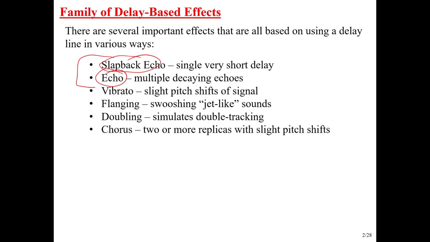It just fattens up the sound of guitar and bass and things like that. And then echo is along those lines, although the delay is longer and you typically do have multiple decaying echoes. So think like the sound of the guitar on U2 recordings, things like that.